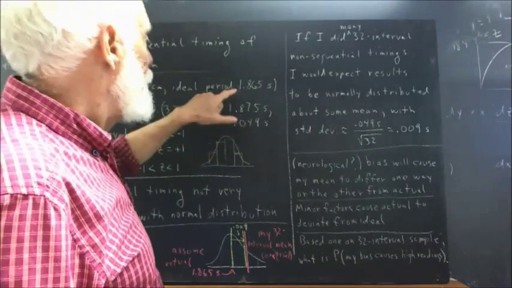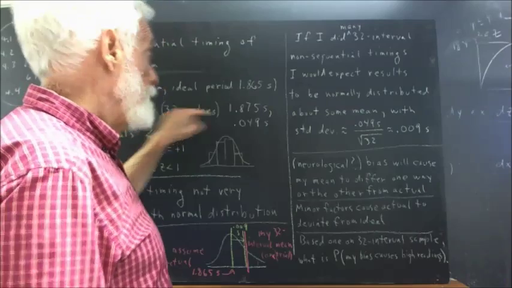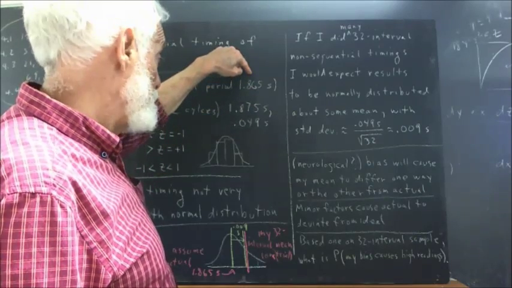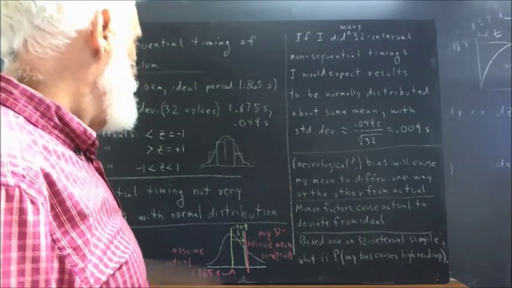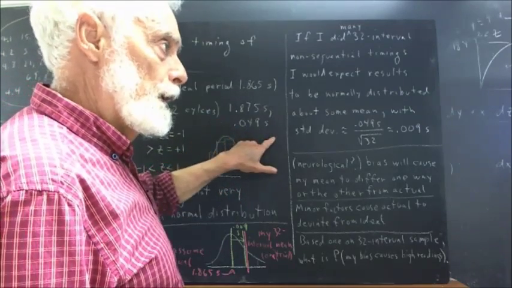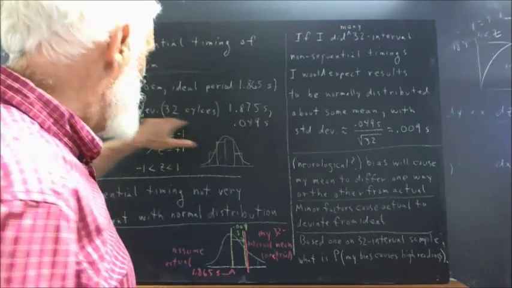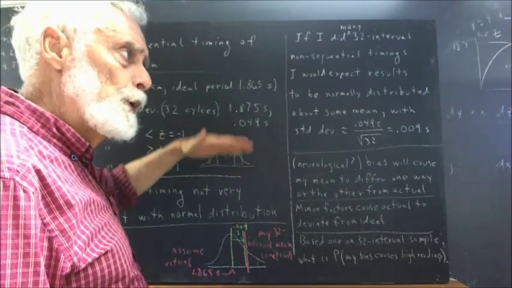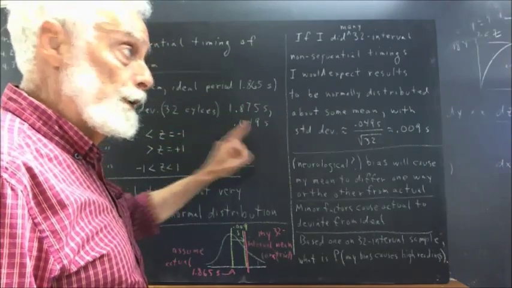Still, I expect my means based on 32 cycles to be closer to that ideal result or the actual timing result than the standard deviation of the individual timings. That's because when I time 32 cycles, I kind of smooth out the unevenness in my individual timings.